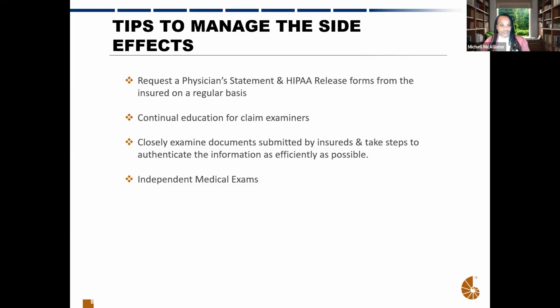But you also want your claims examiners to be well educated in that kind of thing, so that they can just look at it by reading the medical records. And also, you want to closely examine the documents that are submitted by your insureds. You want to make sure that those documents are authentic. And if you have any suspicions, you want to take steps to authenticate that.